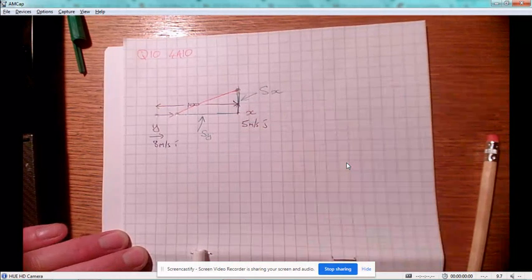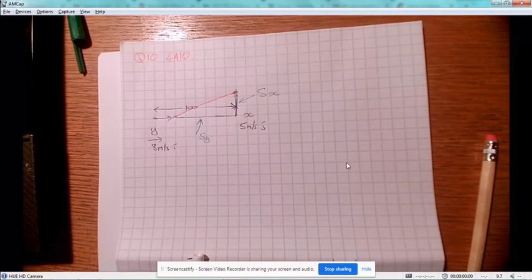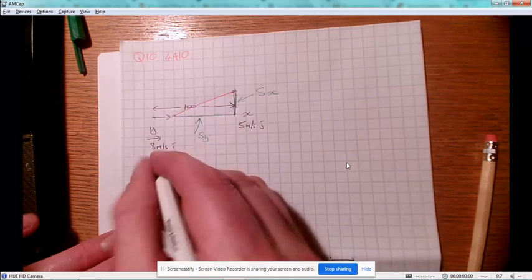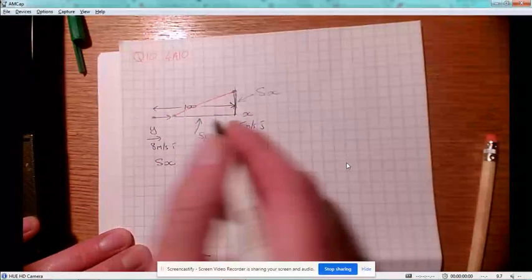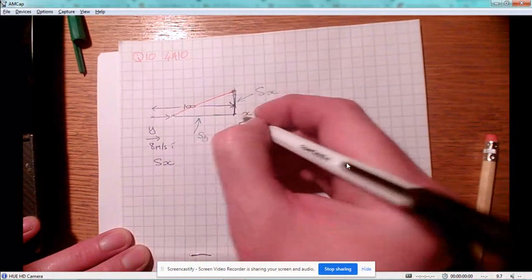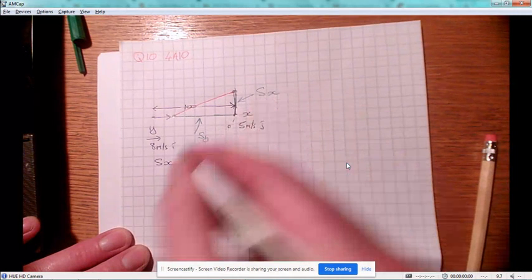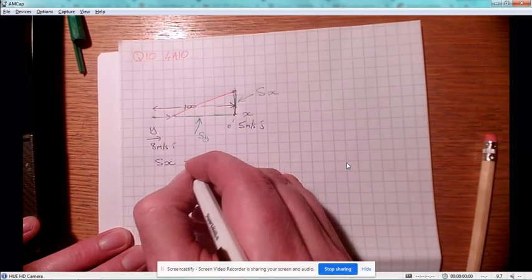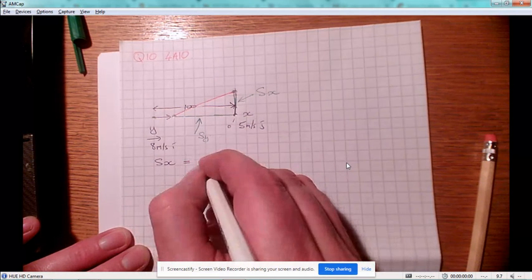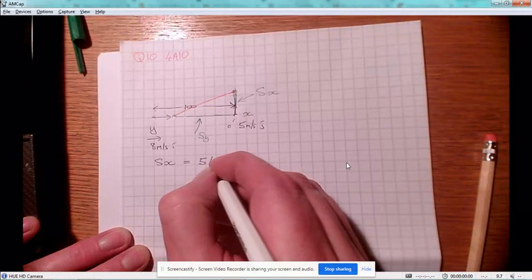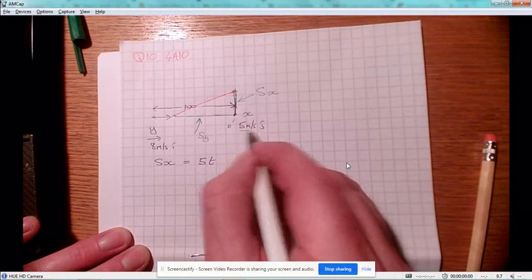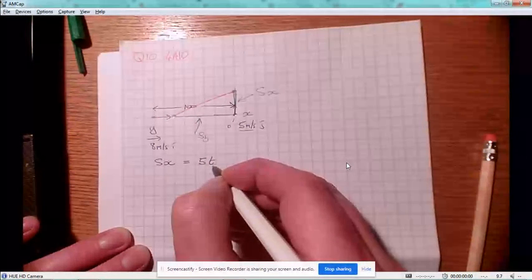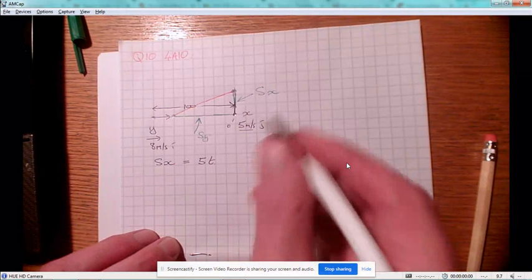Is that okay? So let's just make two phrases for them. So S of X, well, that's quite simple because X is at this point O right now. So if I say that S of X will increase from that distance at 5t, that means its velocity by the time. The time should be counted in seconds as it's meters per second.